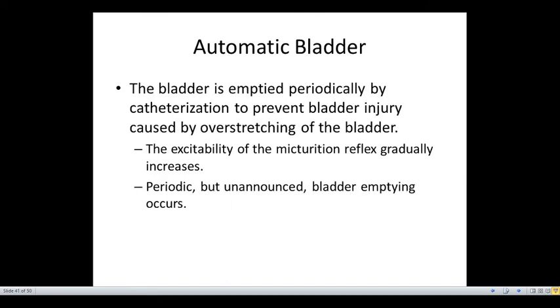However, if the bladder is emptied periodically by catheterization to prevent bladder injury caused by overstretching of the bladder, the excitability of the micturition reflex gradually increases, and periodic but unannounced bladder emptying occurs.